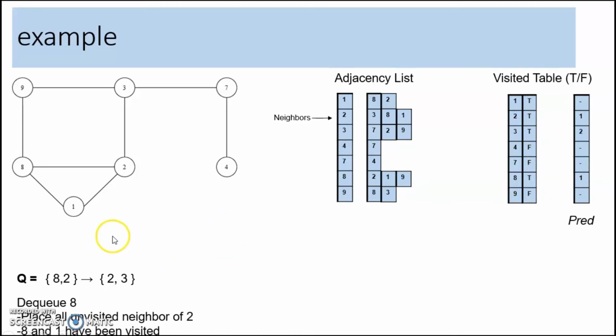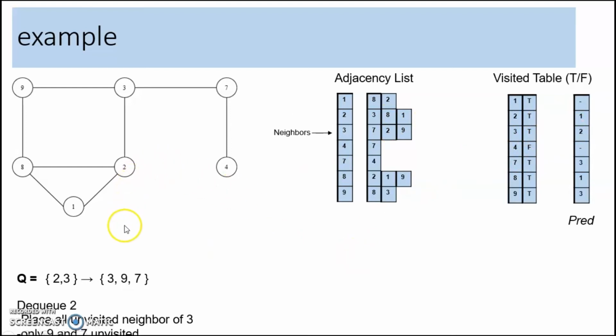After that we dequeue 8 and enqueue its unvisited neighbor, which is 3, since 2 and 1 have been visited, and mark 3 as 2.